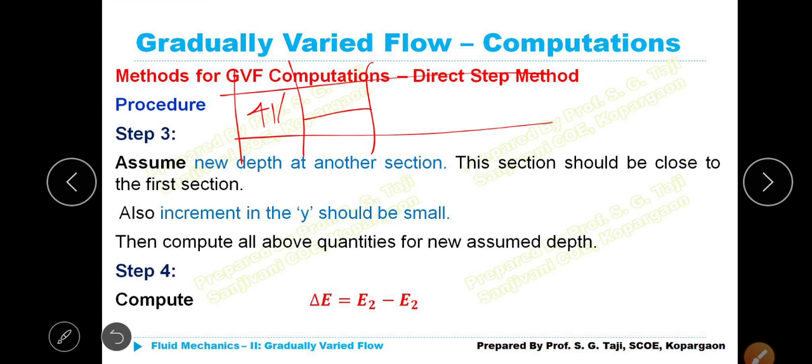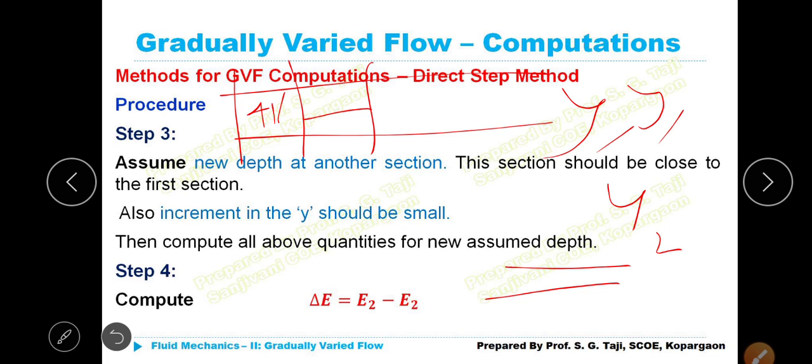Also, the increment in y should be small. Then compute all the above quantities for the new assumed depth, that means y, y1, y2, etc. As we proceed, the depth may be different, so the corresponding depth should be considered and all the quantities should be calculated as before.